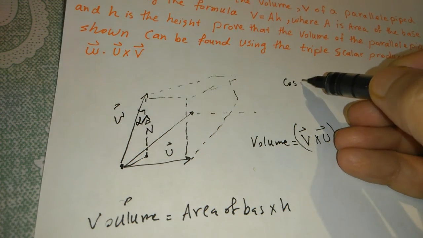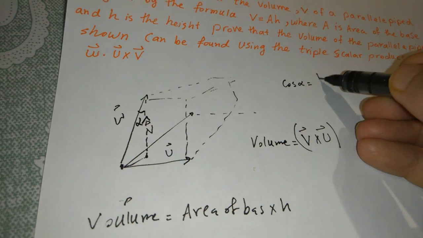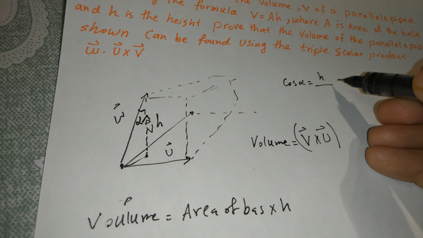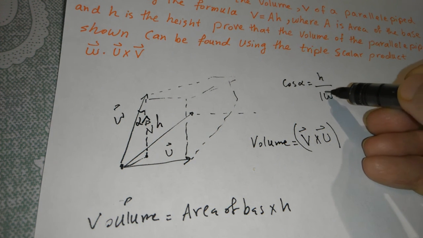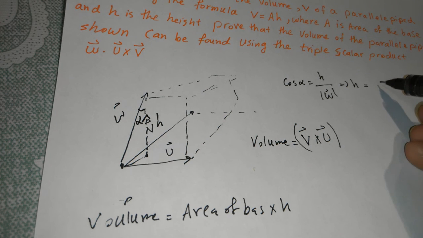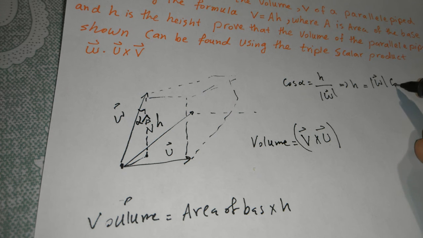I have cosine of alpha equal to H divided by the magnitude of W. So H is going to be equal to the magnitude of W times cosine of alpha.